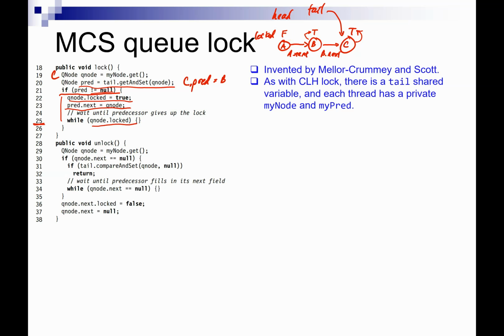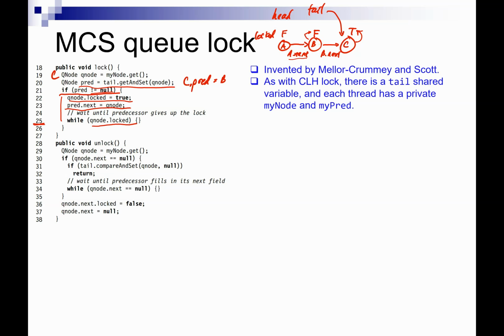So B is stuck at this point. So therefore what A wants to do is just set this to be false. So how does A know what to set to false? A knows because A looks at its next field, and it sees that, oh, it's B after me. If it's B following me, I'm going to set his flag to be false.